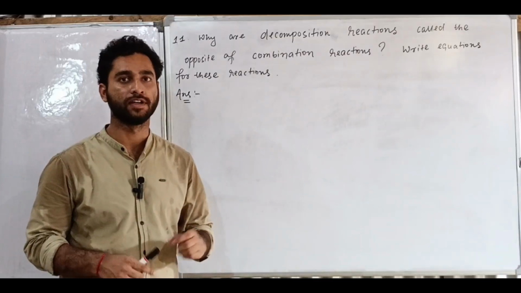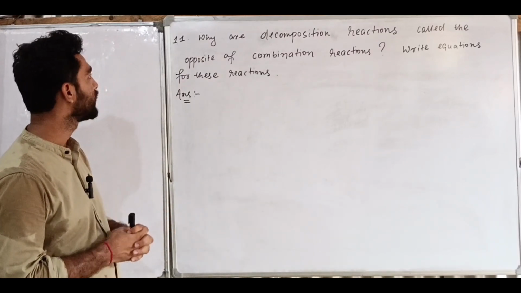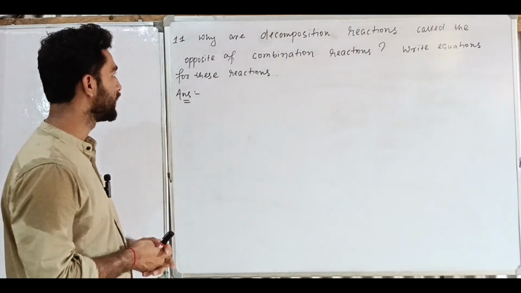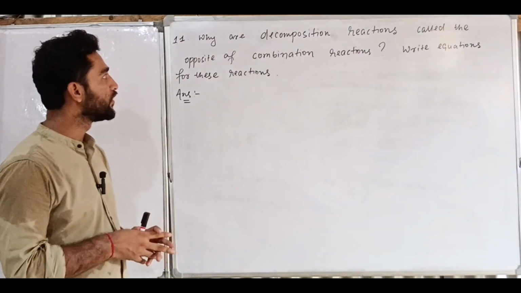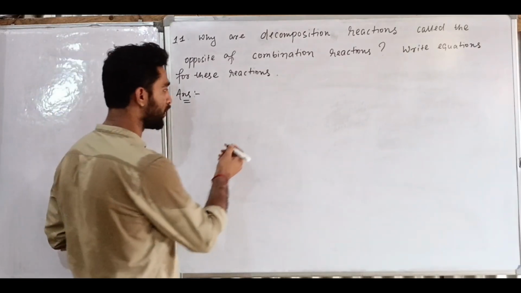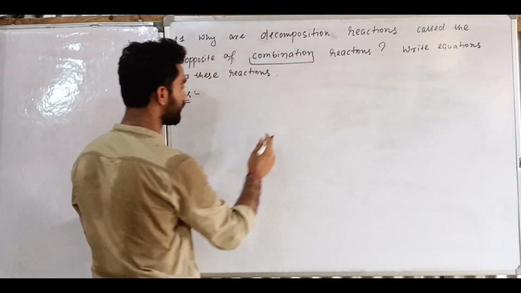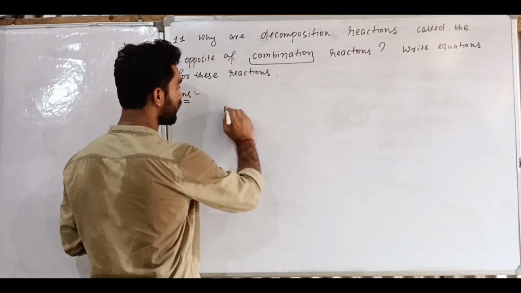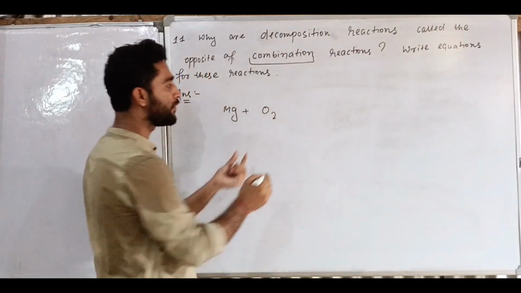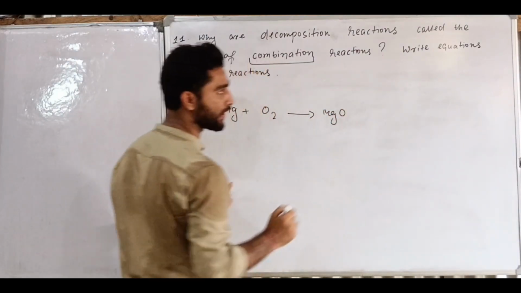Okay, the next question is, why are decomposition reactions called the opposite of combination reactions? Write equations for these reactions. From the definition of the combination reaction, we know that in case of combination reaction, two or more reactants will combine and form a single new product.